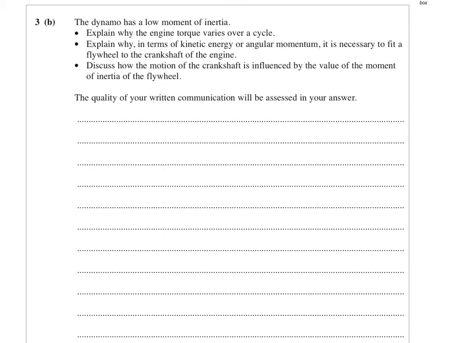So why does engine torque vary? Looking at why the engine torque varies over the cycle, the pressure on the piston is going to vary during the cycle, because obviously it's expanding and compressing, so the volume is changing, and so you're going to get a change in pressure.